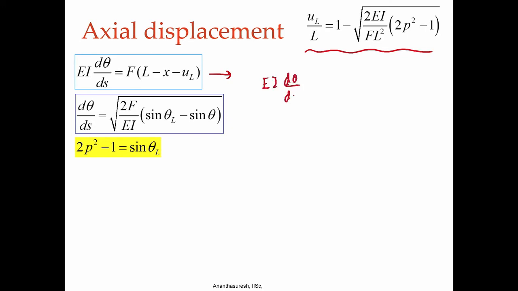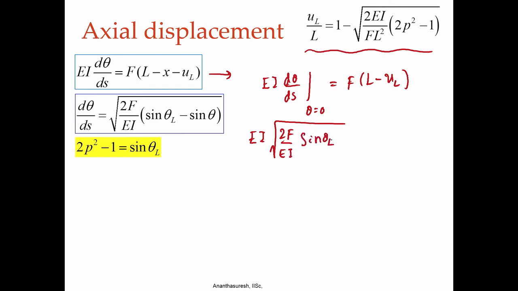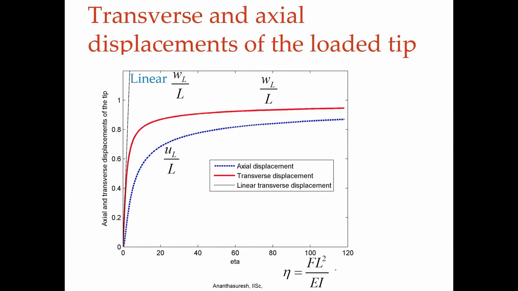So, if I do that, that E I d theta by d s at theta equal to 0, I will have f times L, x is 0, U L, we need to find U L, and then we see what is d theta by ds at theta equal to 0, which we have, sin theta is 0, then I can put that as E I into square root of 2 f by E I into sin theta L, because sin theta is 0, that is equal to f times L minus U L, and then we further note that theta L is in terms of this 2 p square minus 1, 2 p square minus 1 is sin theta L, we substitute, we get what is written there. So, we get U L as well here. So, we can plot them.